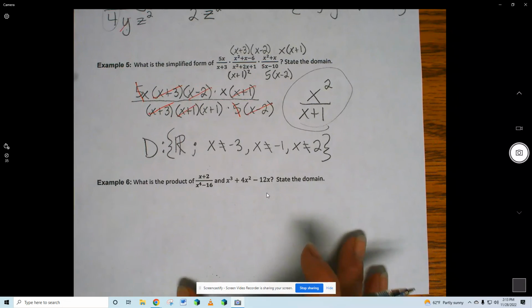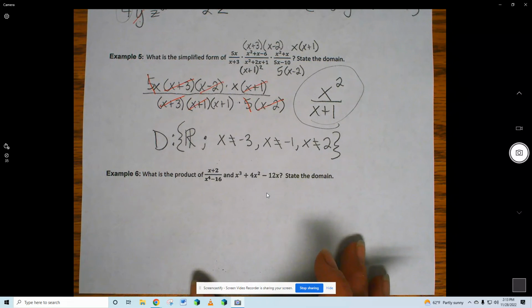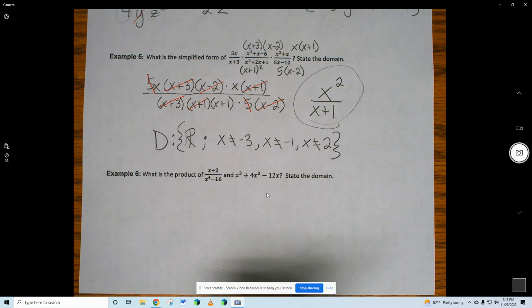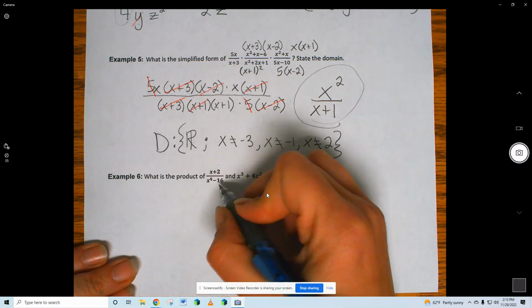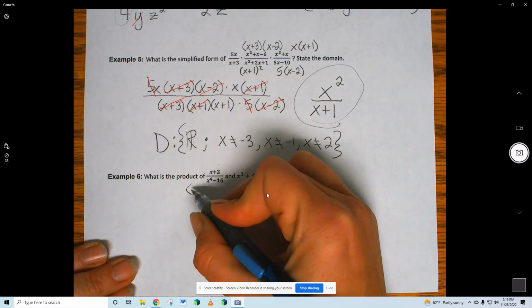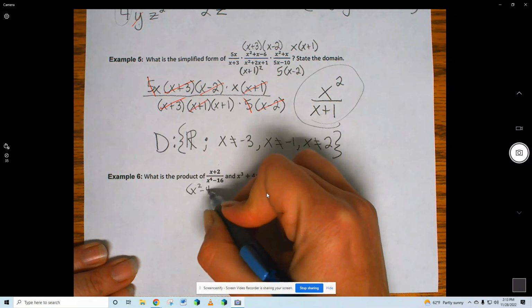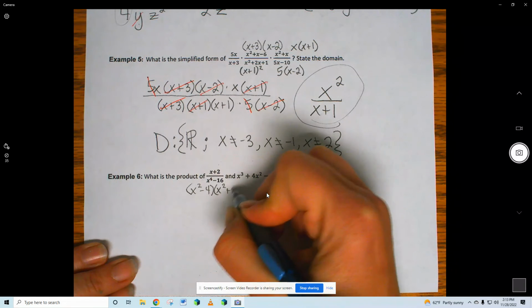Okay. Last one. Let's see. X fourth minus 16. Did you guys know that was x squared minus 4, x squared plus 4?